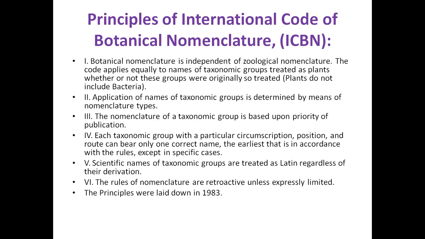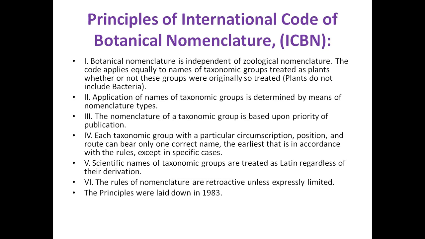And so this is the third principle. The fourth principle is that each taxonomic group with a particular circumscription, position and rank can bear only one correct name, the earliest that is in accordance with the rules, except in specific cases. So there is only one correct name for each plant. There are no more than one name.